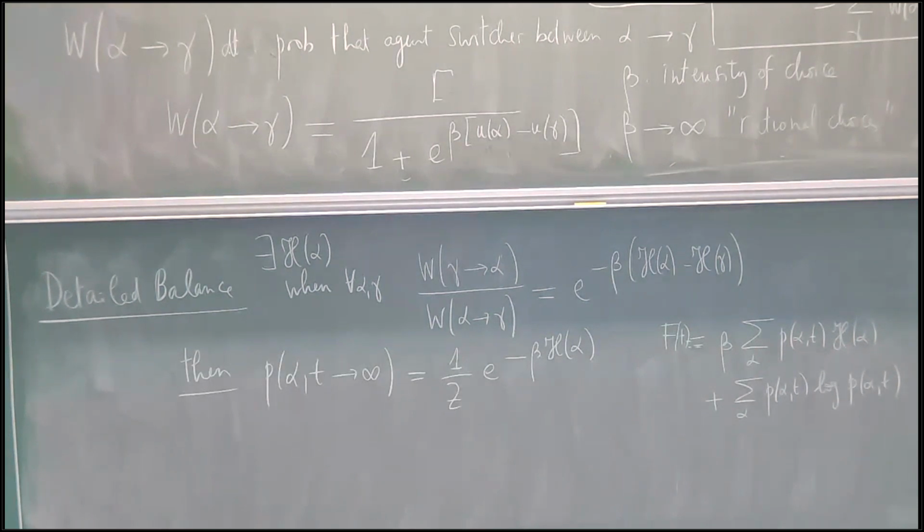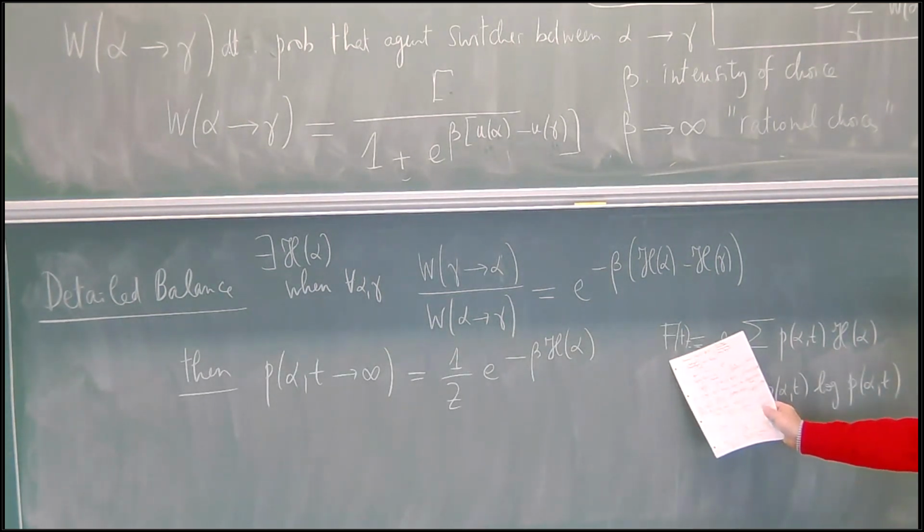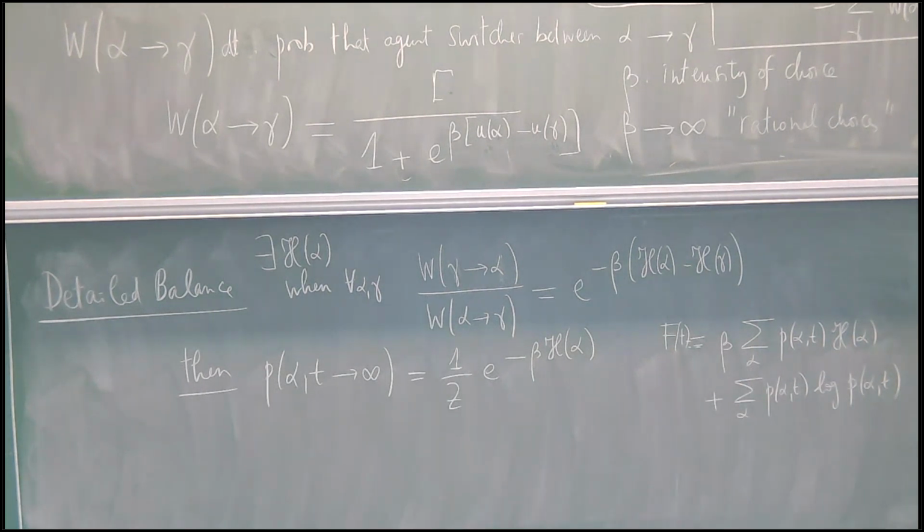So if you introduce this object and look at the time variation of this object, using the master equation you can compute it, and you can show, I'm not going to do it because it's a standard thing, but I'm just reminding you, that this actually always goes down. It can only go down with time.